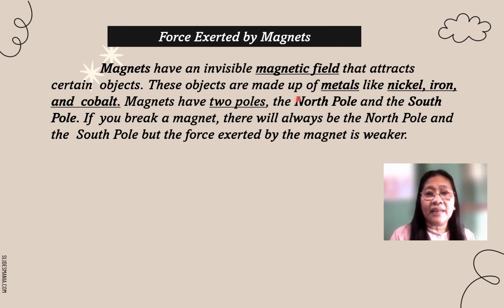These objects are made up of metals like nickel, iron, and cobalt. Magnets have two poles, the North Pole and the South Pole. If you break a magnet, there will always be a North Pole and a South Pole, but the force exerted by the magnet is weaker.